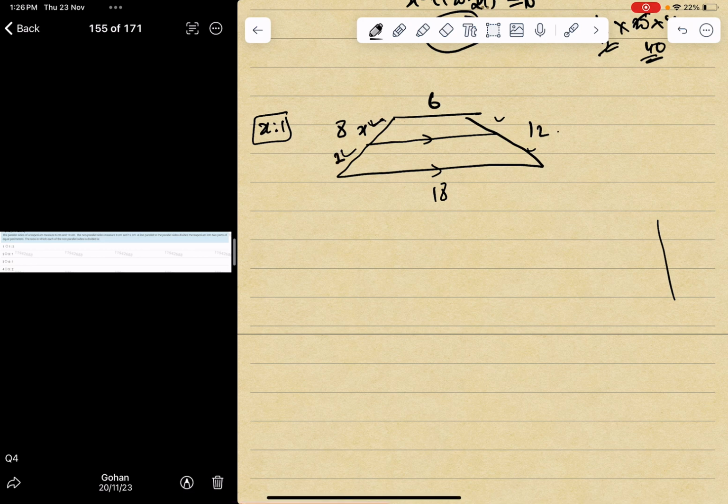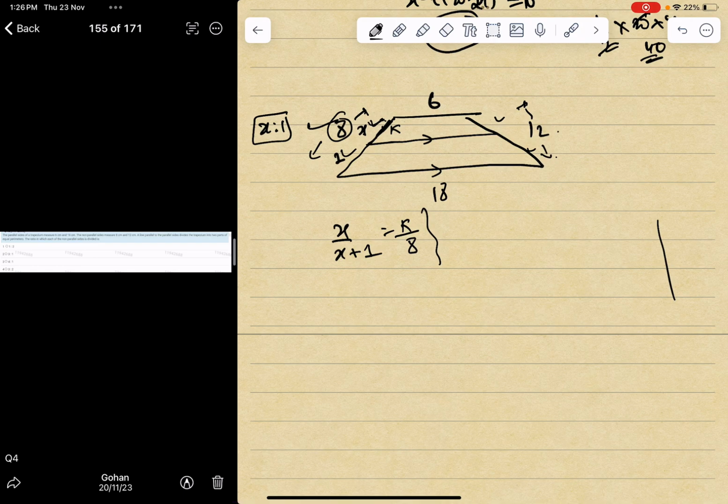Okay, so we can write, and we know that this complete is 8, and this complete is 12, right? So x by x plus 1 is nothing but this particular side, say it k, k by this complete 8, right?